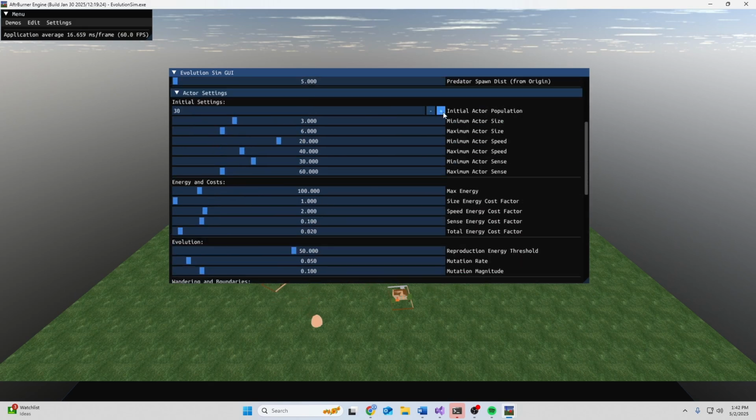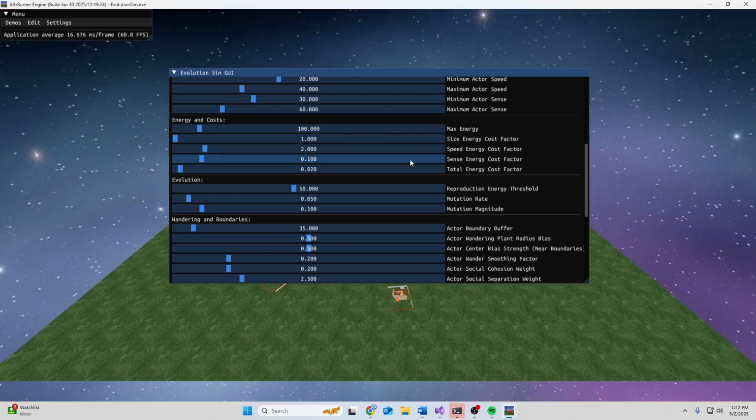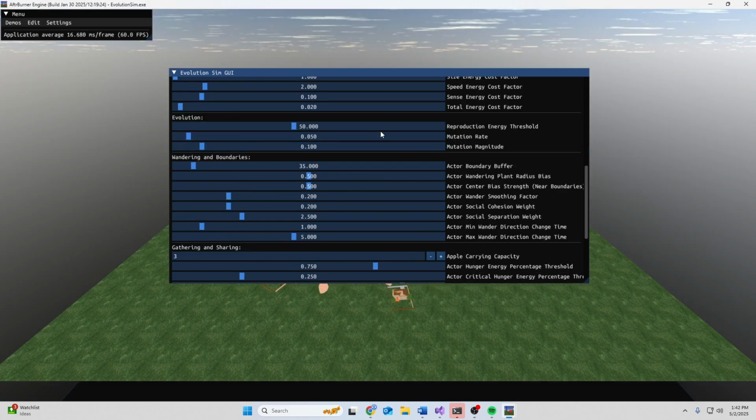You can change how many actors you have, how the initial actors are spawned, how much energy each trait costs, how actors evolve, how much energy is required, and how often and how strong the mutations are.